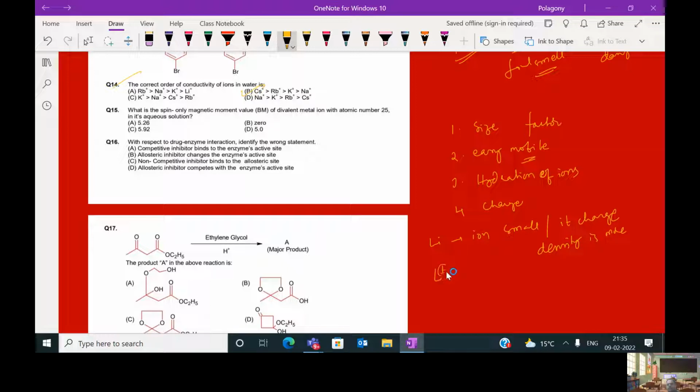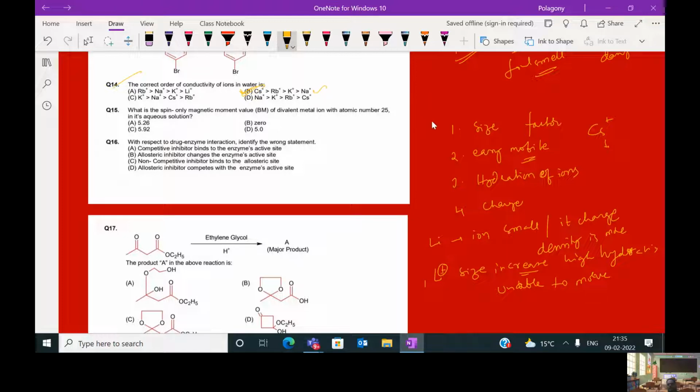So the lithium ion gathers more water molecules, then its size increases because of its high hydration property, and it is unable to move. Whereas for cesium the hydration enthalpy is less, because of its larger size it cannot accumulate more water molecules. So B is the correct option.